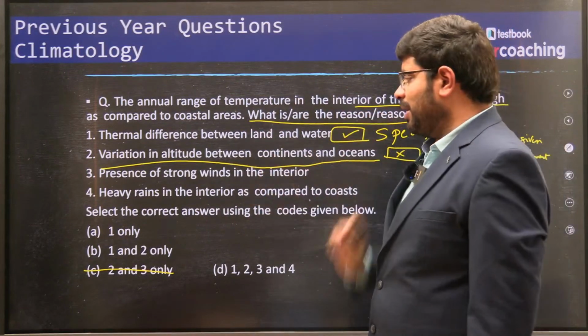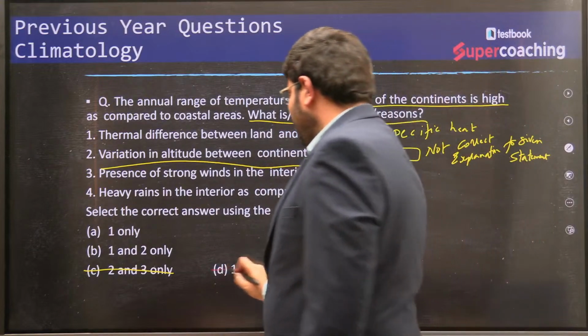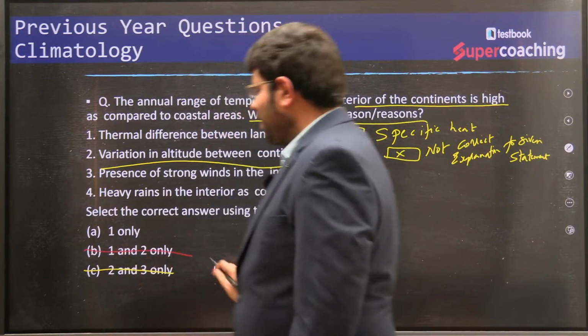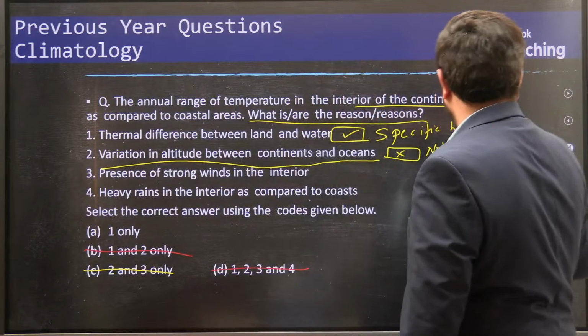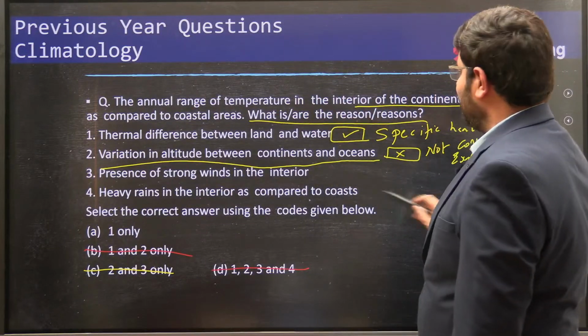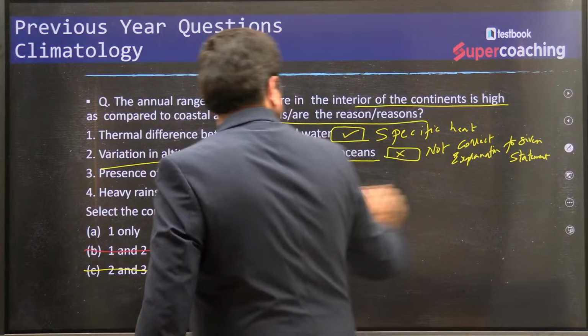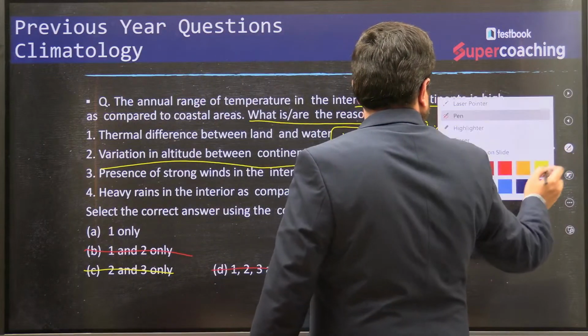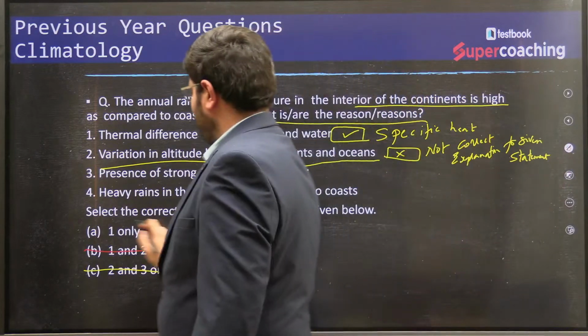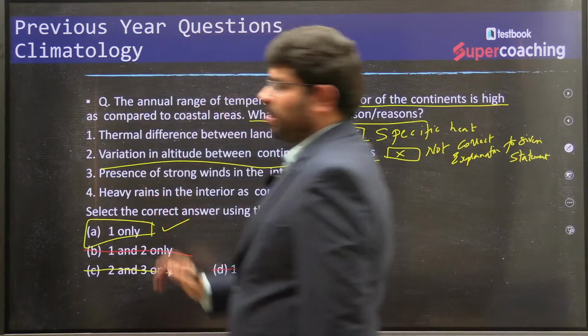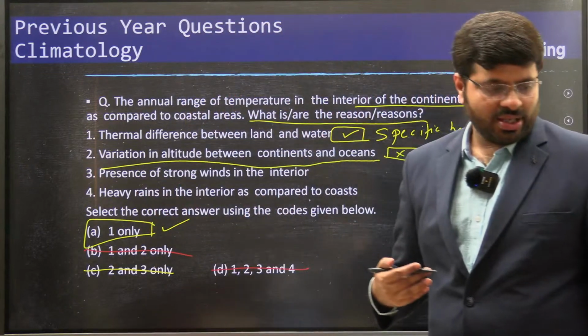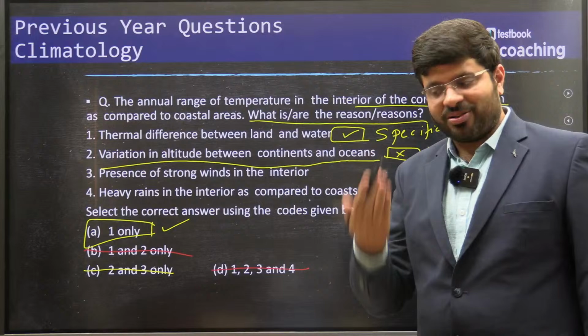So second is eliminated. When you eliminate second, I am not bothered about third and fourth. Automatically you will get the correct answer as 1 only.